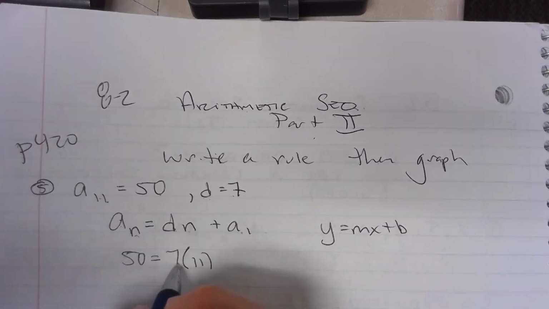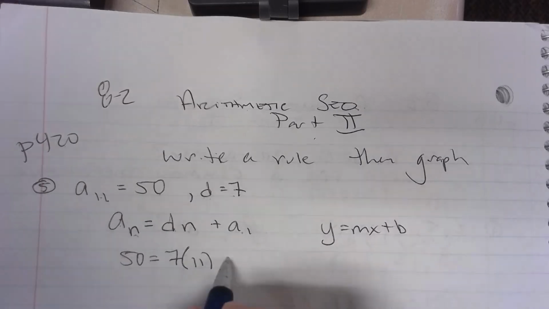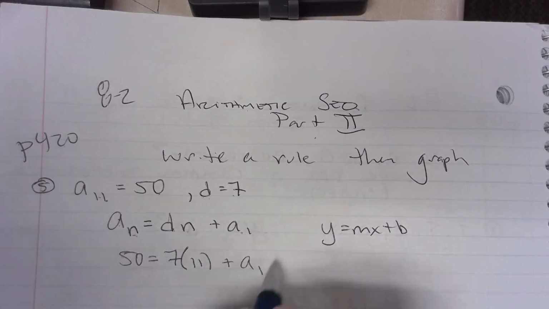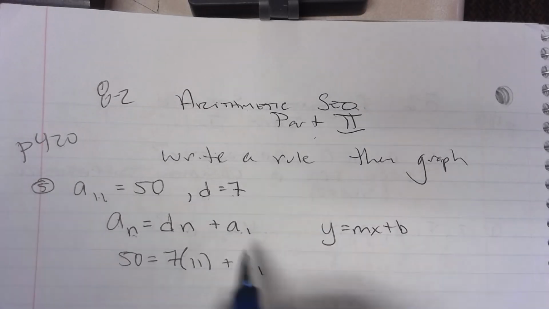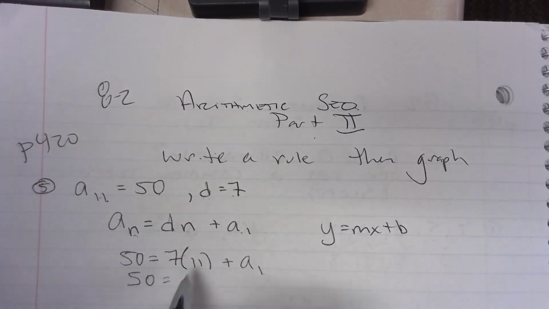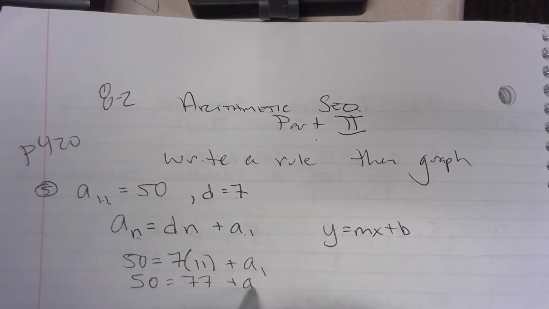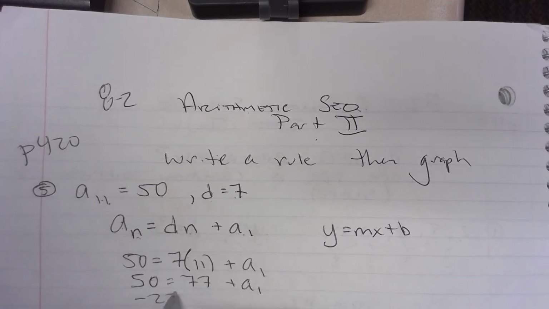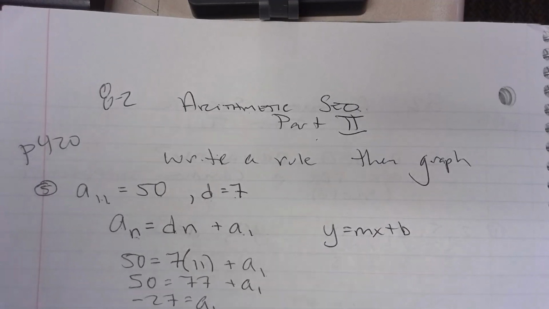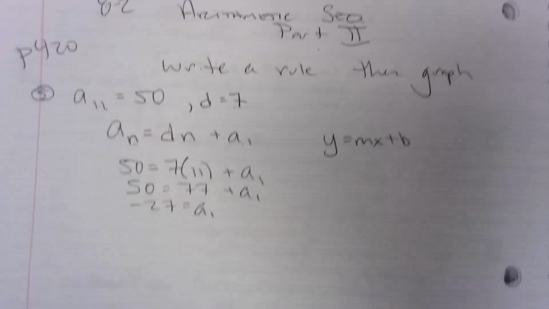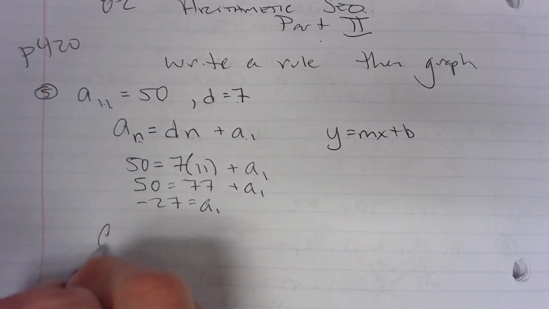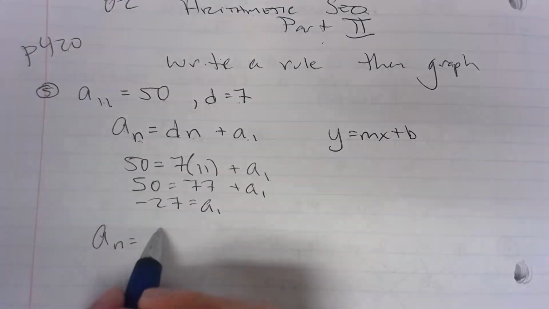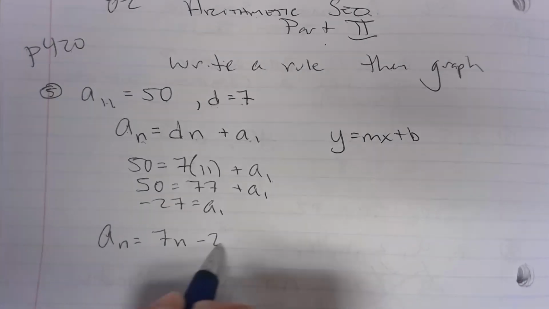I know that my common difference is 7, which means I'm looking for a sub 1. So solving for a sub 1, I find out that it is negative 27. So my total rule is going to be a sub n equals 7n take away 27.